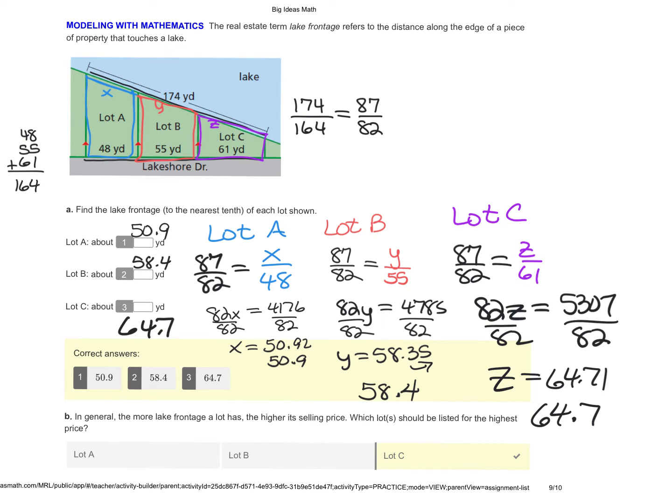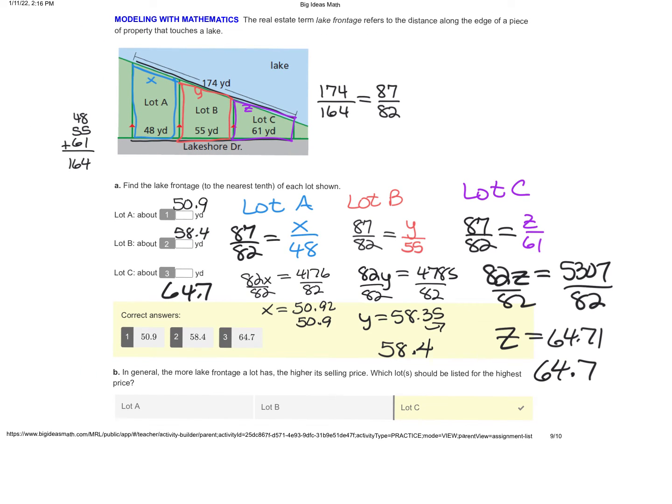Now to answer part B, it says which one has more lakefront footage, and the highest price would be lot C because 64.7 is the largest. Now what I'm going to do to answer part C of the question is take these 3 answers from part A and solve proportions for them. In part C, they told me that the cheapest lakefront lot costs $250,000.